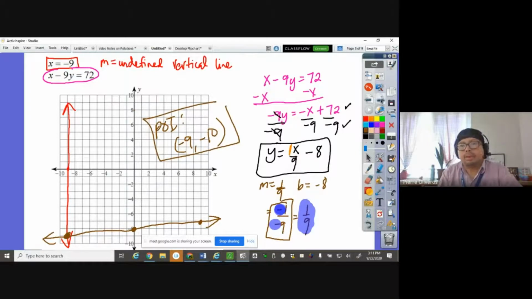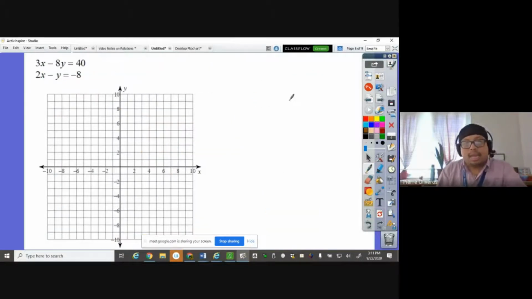Okay, very good. Next, I have here two equations that are in standard form, so I have to find the slope-intercept form. So 3x minus 8y is equal to 40. Subtract 3x. Drop the negative: negative 8y is equal to negative 3x plus 40.